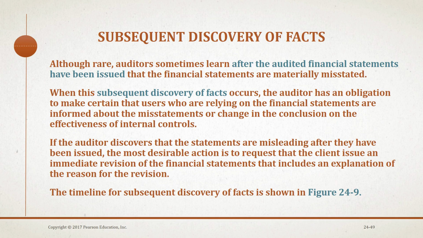The auditor has an obligation to make certain that users who are relying on the financial statements are informed about the misstatements or change in the conclusion on the effectiveness of internal controls. So if somebody was relying on that report that you issued, you have an obligation to contact them immediately. And it is then their responsibility, ladies and gentlemen, to take whatever actions are deemed necessary.